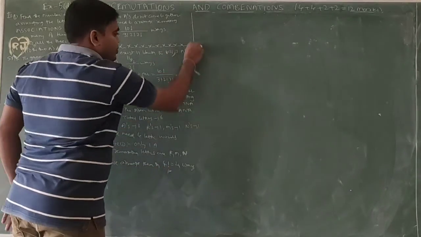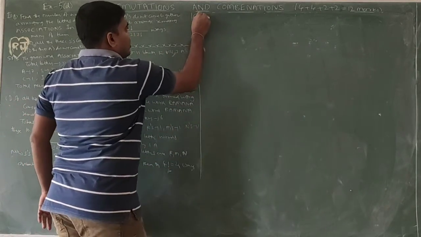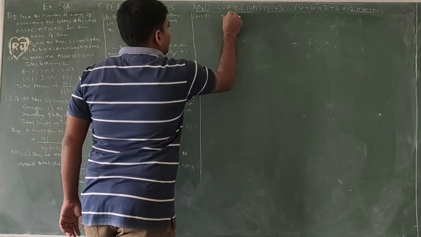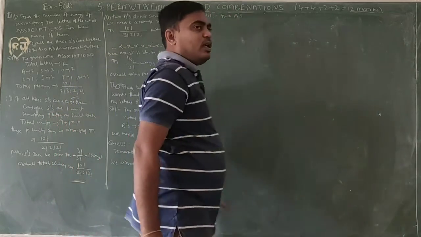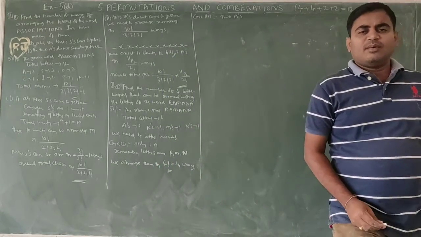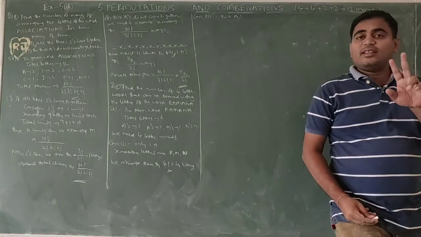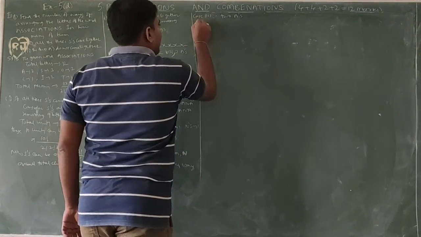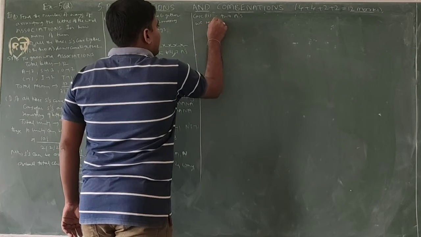Next, case 2: 2 A's. Previously we took only 1 A, and the remaining R, M, N came automatically. But here we are taking 2 A's, so we need 2 more letters.